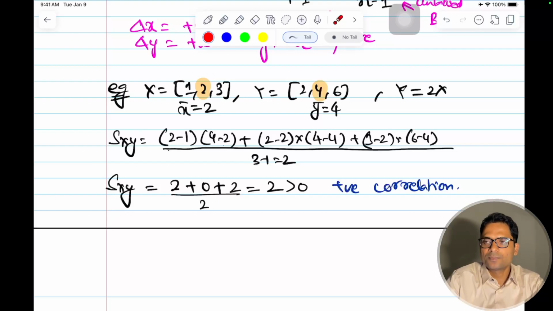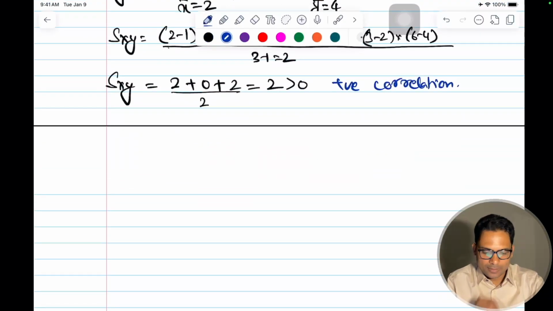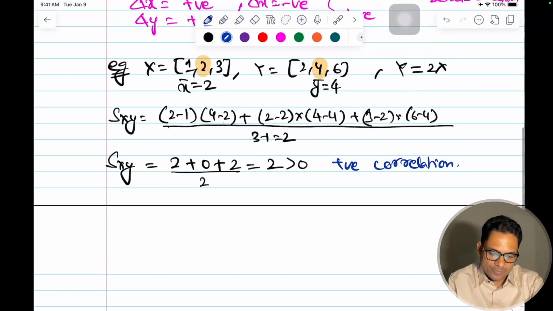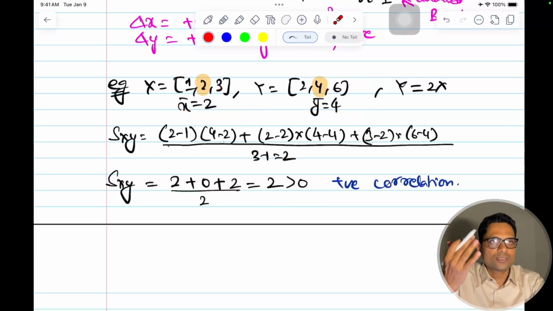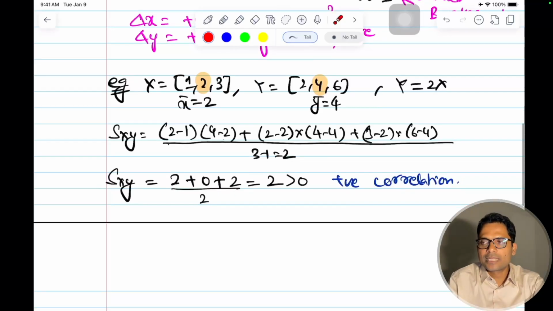Okay, so this is scale dependent. If the numbers were high, say I increase the numbers 10 times: 10, 20, 30 and 20, 40, 60, the value will become much larger. You can do the maths. If I change these numbers, the scale will increase, so this is dependent on scale.